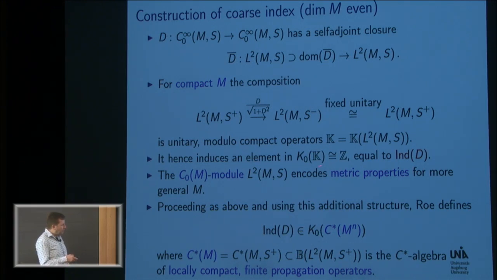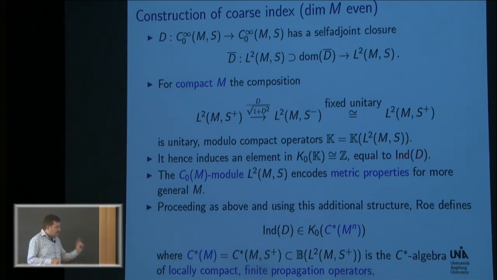It's no longer the compact operators on some Hilbert space, but it is a more complicated C-star algebra, a certain norm-closed subalgebra of the bounded operators on L2. So this C-star algebra consists of those bounded operators which are locally compact. So this is what I said before.